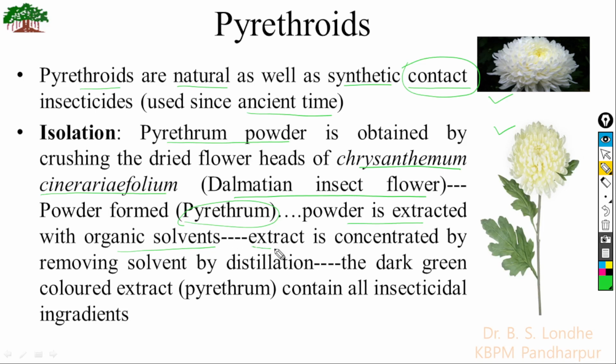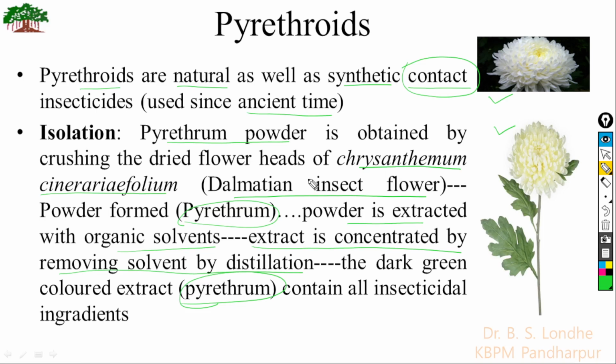The extract is concentrated by removing solvents by distillation, and the finally obtained dark green colored extract contains pyrethrum, which has all the insecticidal properties.